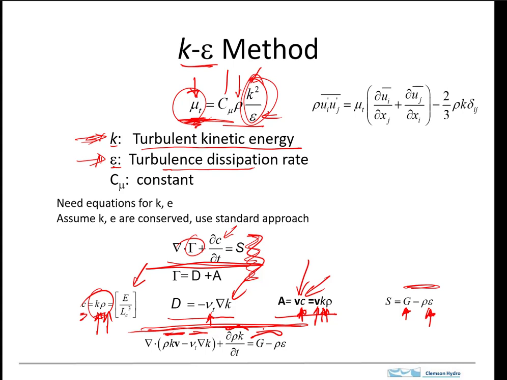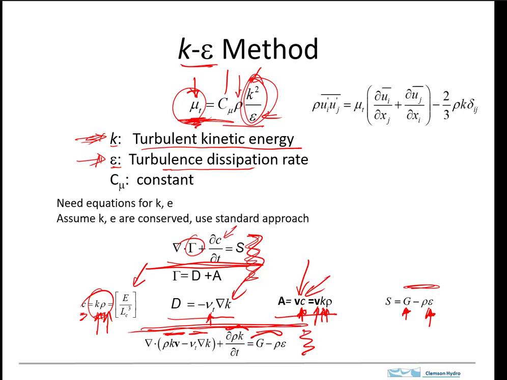Okay, so we see how to develop the governing equation for K. We do the same thing for epsilon, work through it, and we get another governing equation like this one for epsilon. So now we've got additional governing equations.